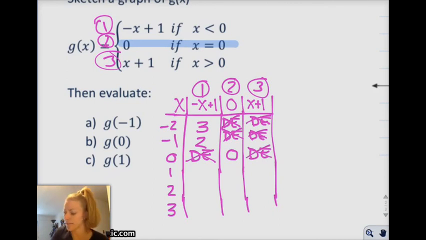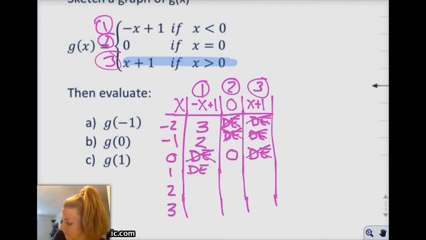Then I'm moving on to when x is positive, so x is greater than 0, in which case I'm on the last function. So the other 2 functions don't exist. Function 1, function 2 don't exist. When x equals 1, I have 1 plus 1, which is 2.